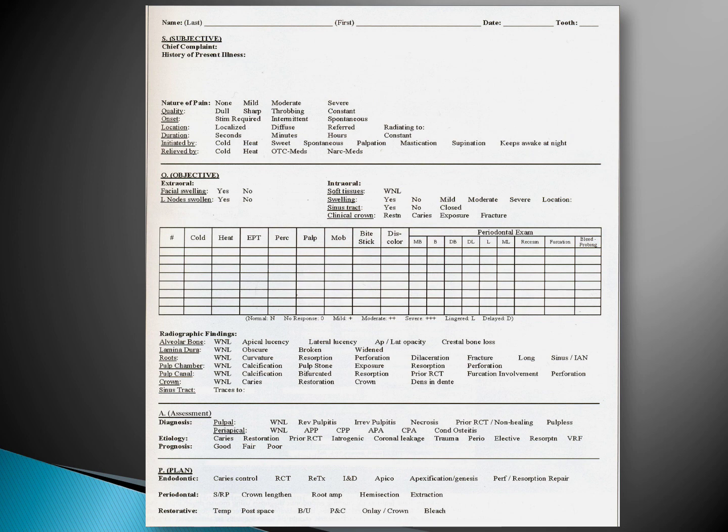The onset: requires stimulus, doesn't require stimulus, spontaneous. Location: localized, diffused, referred. Duration: 4 seconds, 4 minutes, 4 hours, 4 days. Initiated by cold or hot or sweets or palpation or mastication or sleeping.